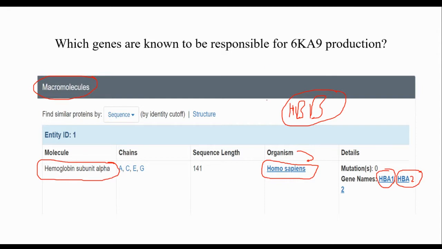For example, for this one, we didn't see that much change regarding hemoglobin during the last years. And here also you can see the length of the sequence in the primary structure. Even from this table, you could answer the previous questions as well, right? If you click on this part, it will show you the secondary structure.